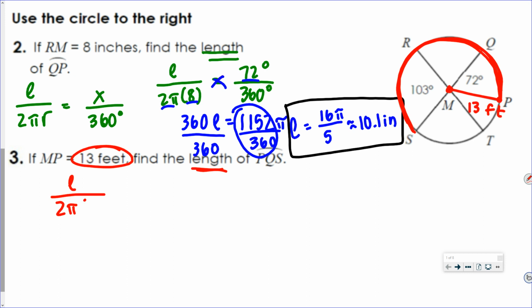So divided by 2 pi 13 equals... did anybody calculate this angle right here? What'd you get, Brianna? 252. What'd you get? Yeah, 252? Me too. 252.